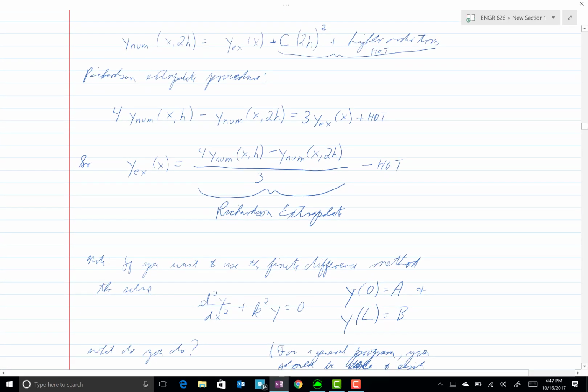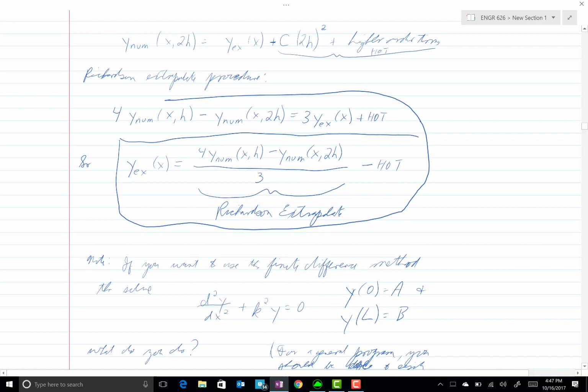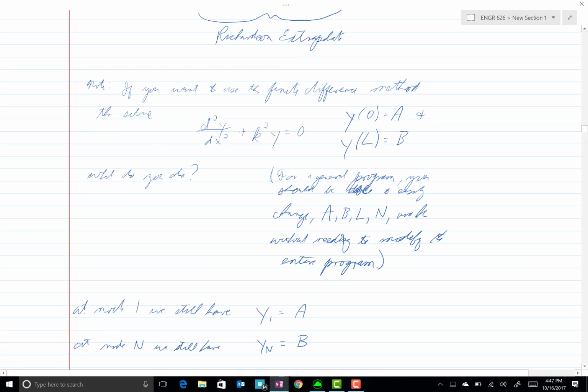So the Richardson extrapolate says that, here's the formula right here for the Richardson extrapolate. Well, here, let me actually erase that.